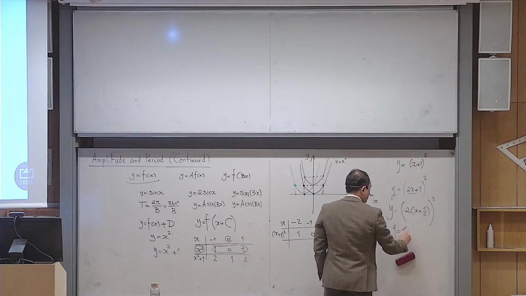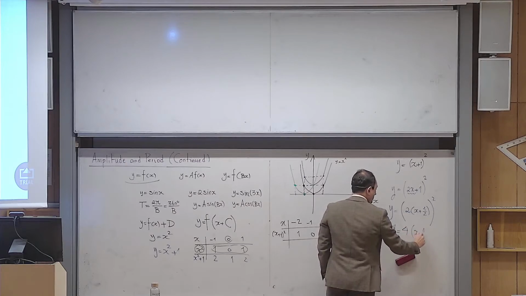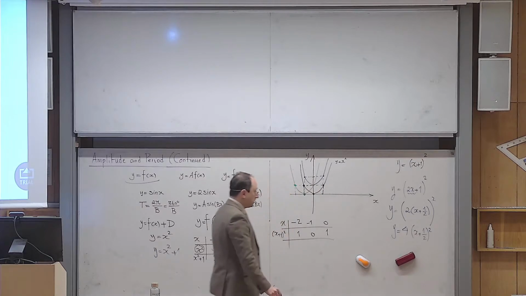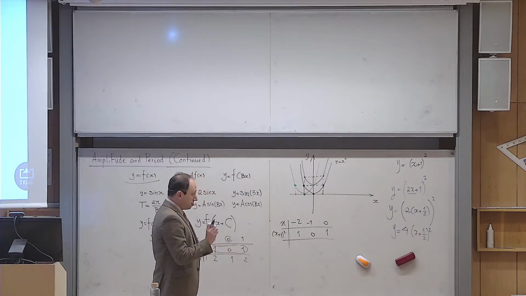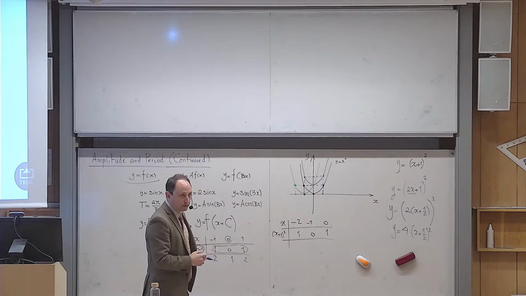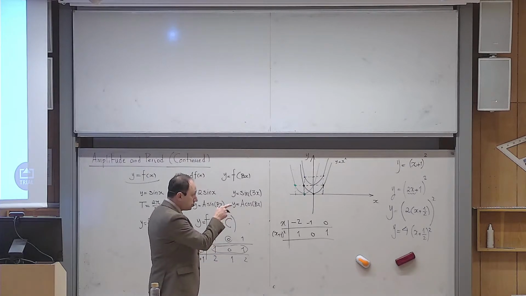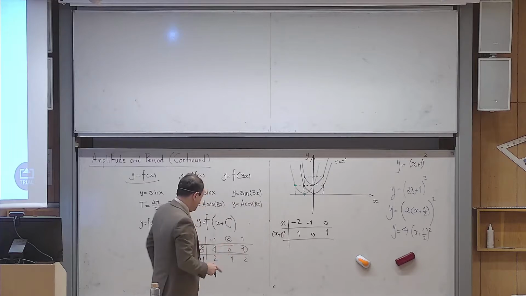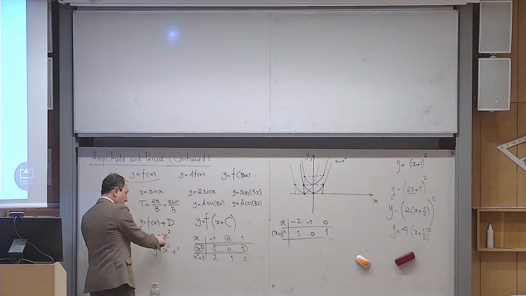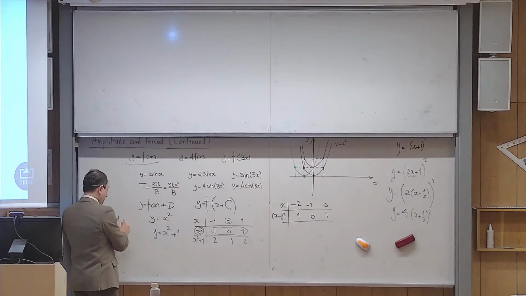This 2 becomes 4, and then this becomes x plus 1/2 to the power of 2. Okay, so the amount that is added to x is what? As Matthias said, it is 1/2. But you cannot compare this graph with the graph that I told you here, because they are not the same thing. If I change x to x plus 1/2 here, I will get this.